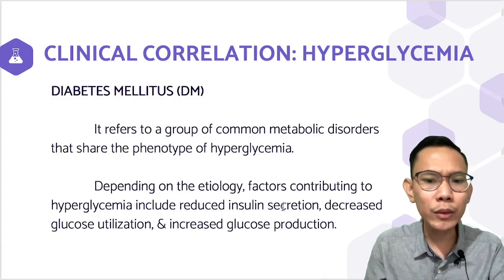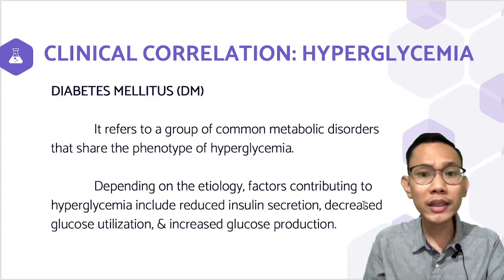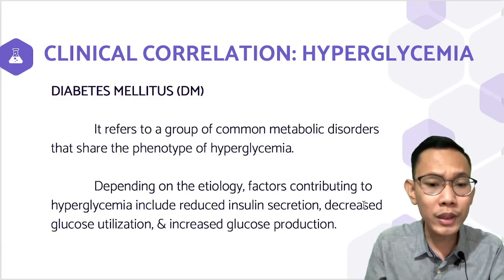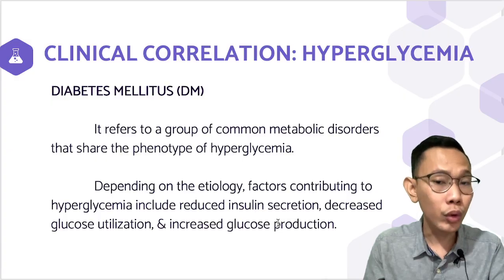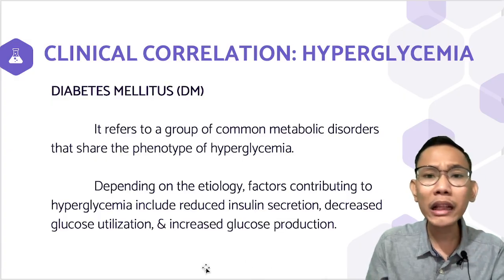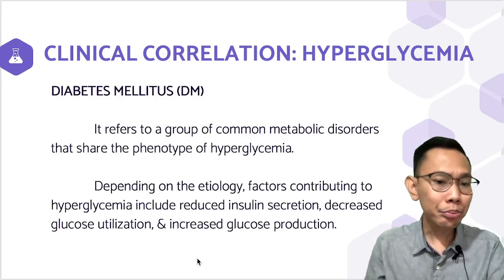Again, pag mababa ang insulin, therefore, tataas ang glucose level. Pag mababa ang ating glucose utilization or hindi ginagamit ang ating glucose, therefore, mataas pa rin ang glucose sa ating katawan. Or, pwedeng marami ang production ng ating glucose. So again, lahat ng factors na ito will lead to increased glucose or hyperglycemia.